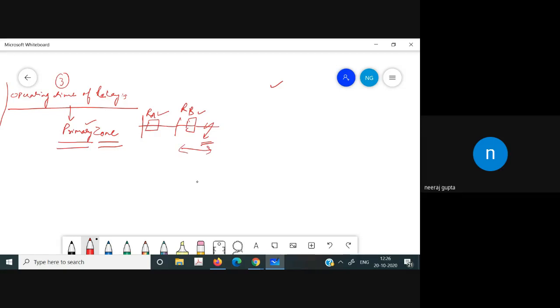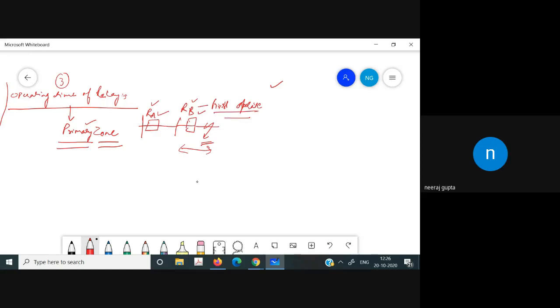So whenever the fault occurs, it is sensed by both RB as well as RA, and it is the primary protection which will first operate.